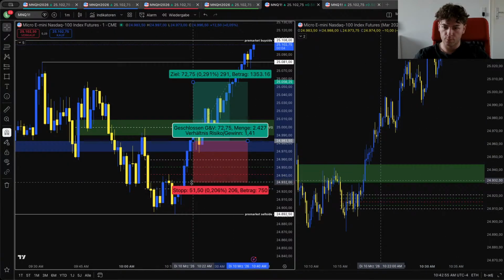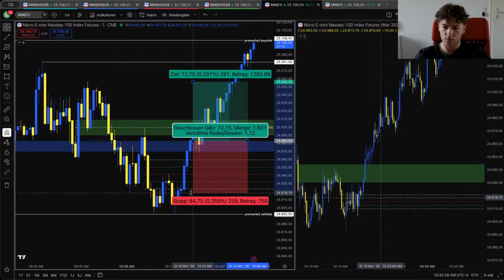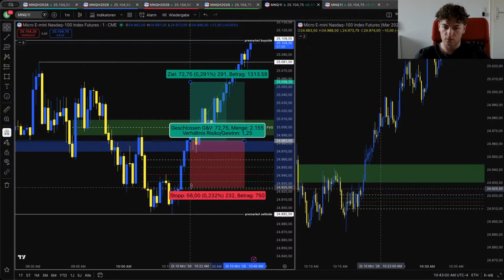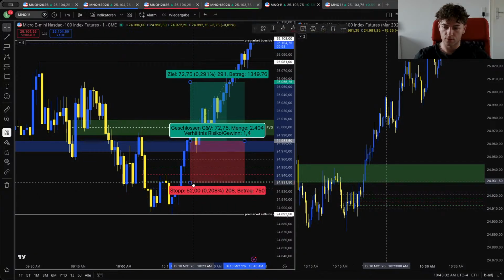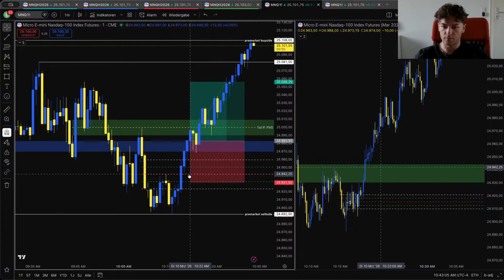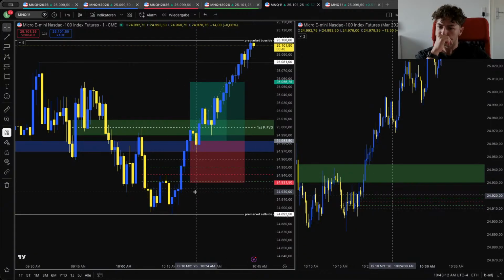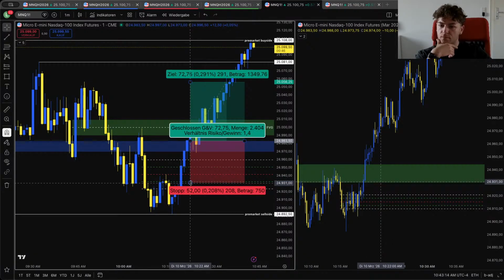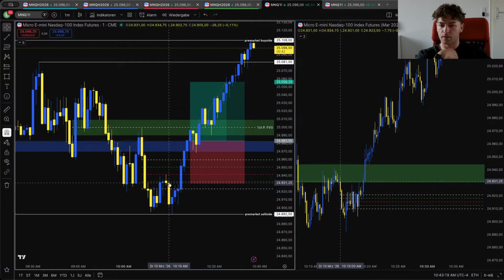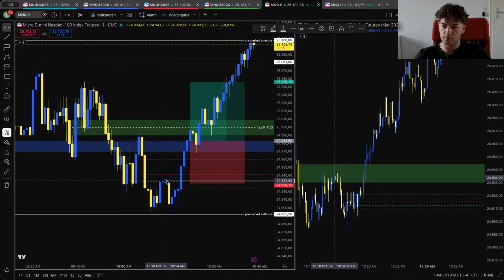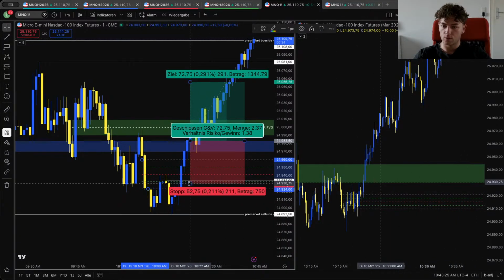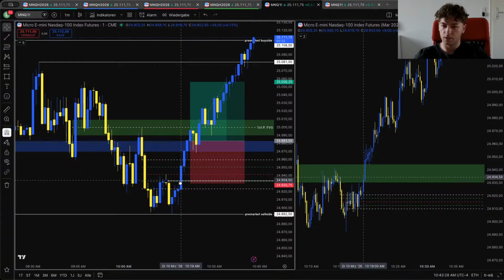I would have put my stop loss below the midpoint, I guess. Yeah, maybe here, because we have an order block right here. So order block opens here. So fair value gap here.